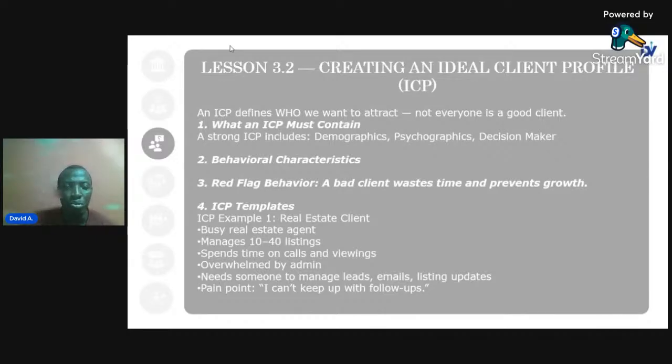So when you are billing them, you know how much they can afford. That's number one in terms of demography. Then number two is psychography or psychographics. Psychographics has to do with emotions. It has to do with their thought pattern, their thought process.